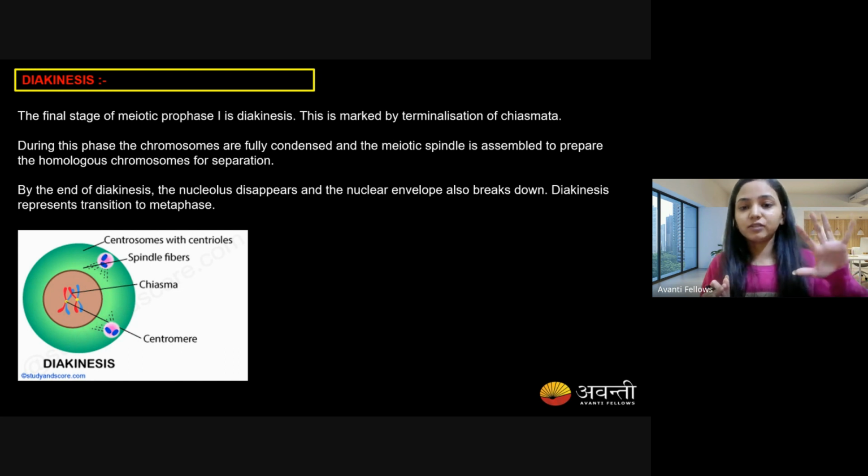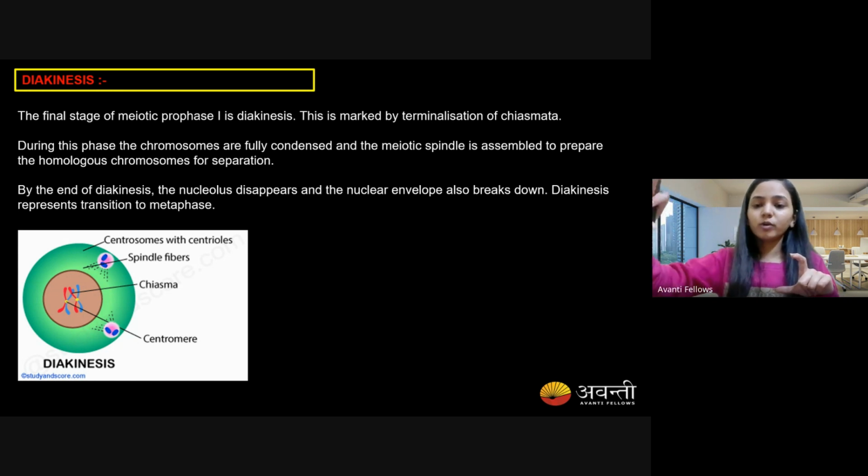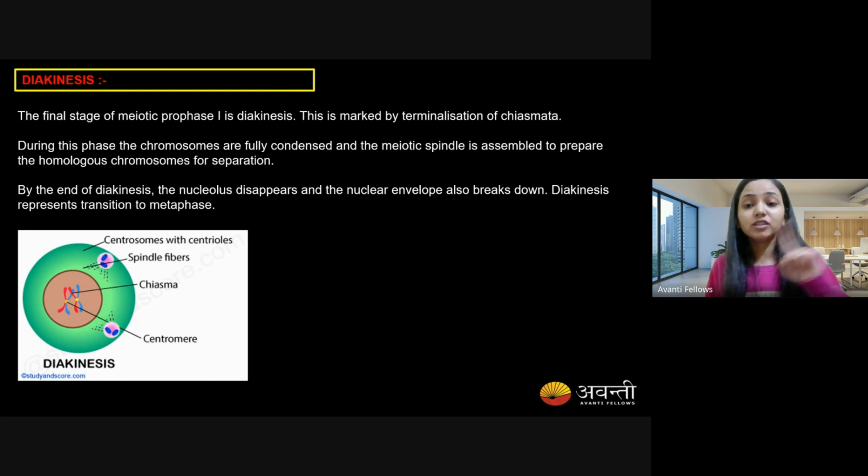If the parent cell has 4 chromosomes, then both daughter cells should have 4 chromosomes. But here, there is no such case. If we have 4 chromosomes, we can give 2 chromosomes to one cell and 2 chromosomes to another cell. So there is no need of separation of chromosomes.